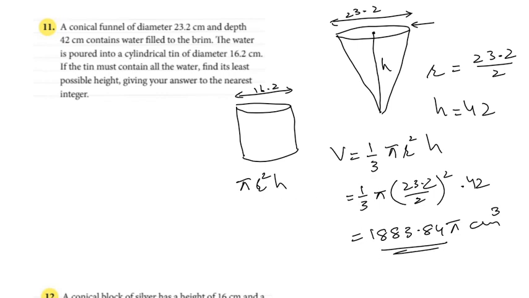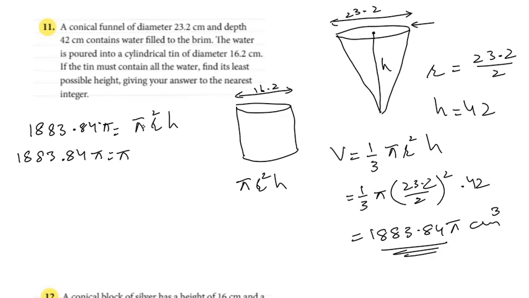We have to pour all this water into the cylinder, so 1883.84 pi is equal to pi r square h, where r square is 16.2 divided by 2 whole square, and h we need to find. This pi will be cancelled by this, as we assumed.